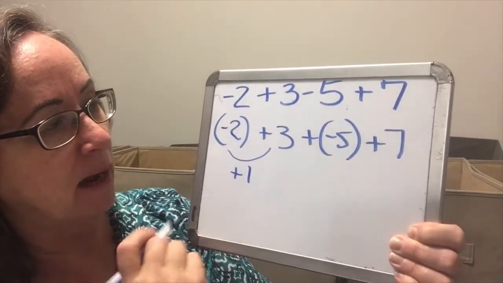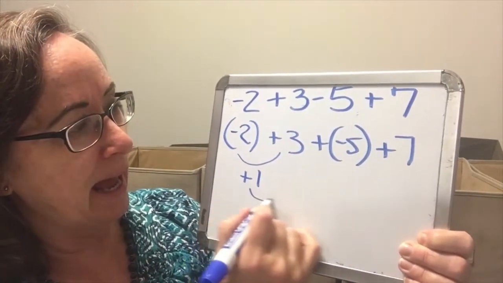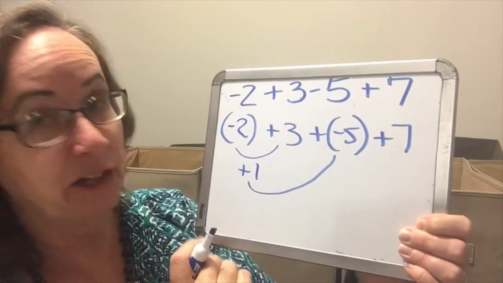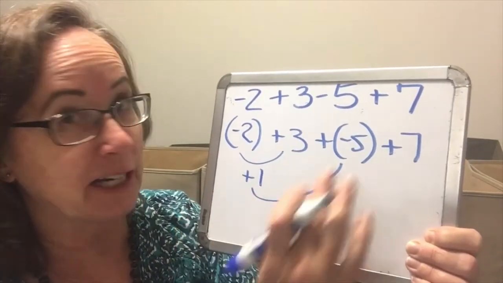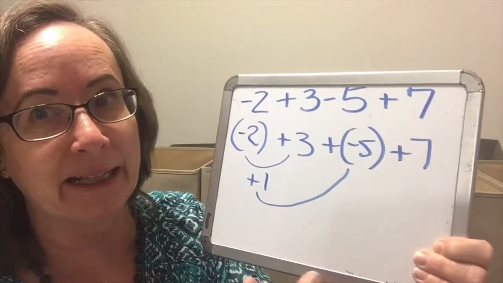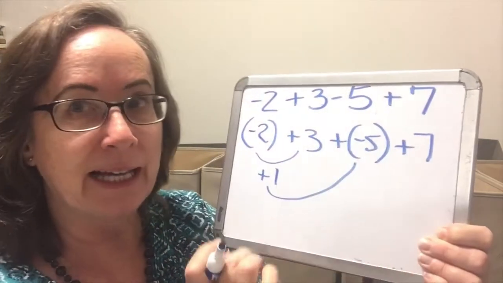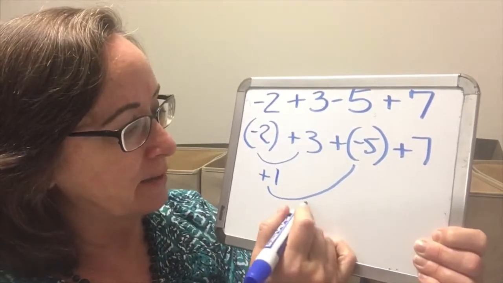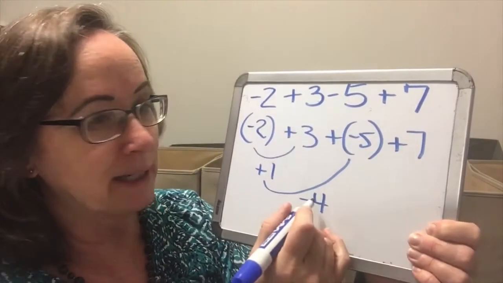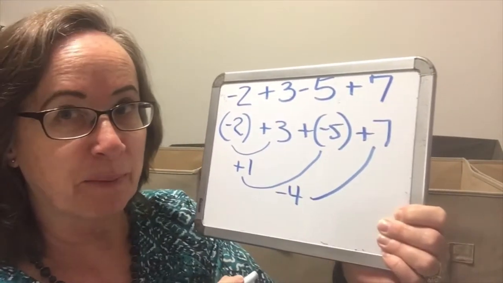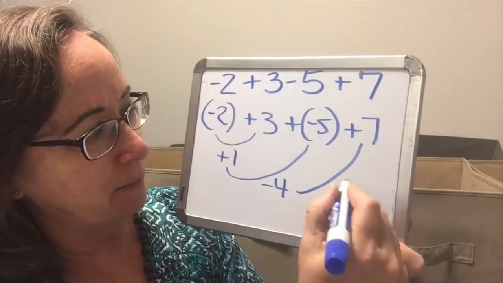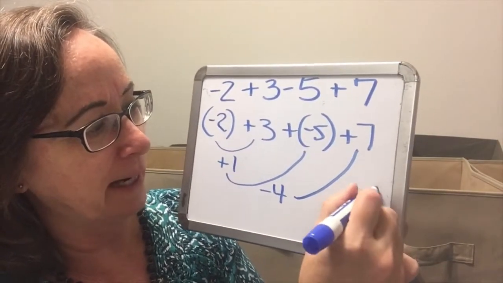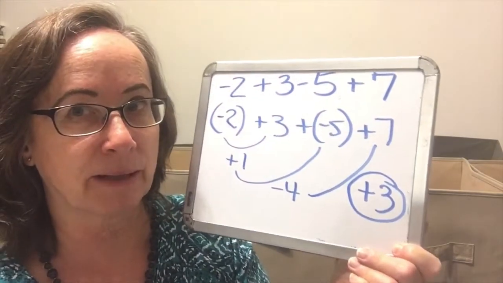Okay, so now I'm going to add these two together. And your teacher might let you do this, where you're just kind of showing what you're doing instead of rewriting them every time. Positive 1 and negative 5 is a negative 4. Okay, so that's going to be a negative 4. And then I'm going to take the negative 4 and add it to the positive 7. And that's going to be a positive 3. So my answer is positive 3.